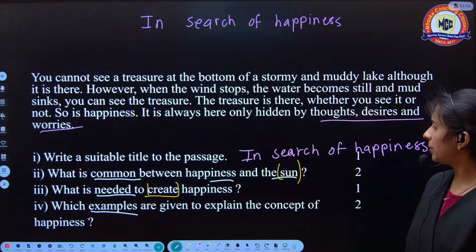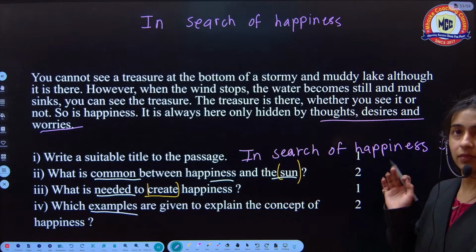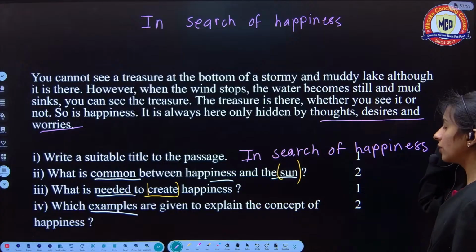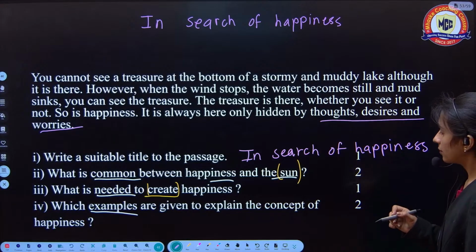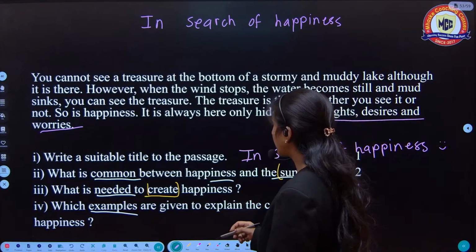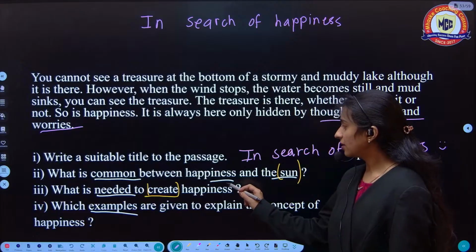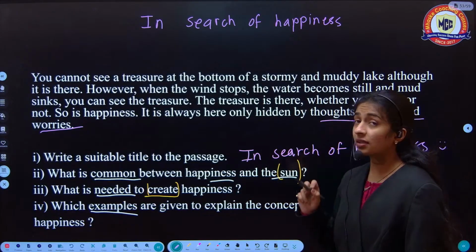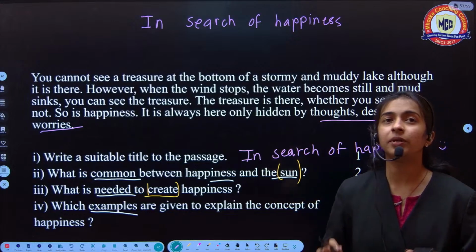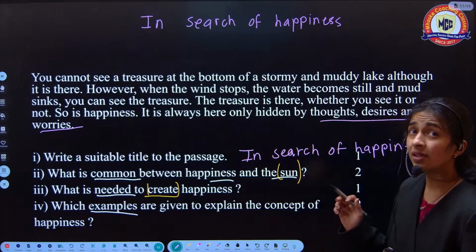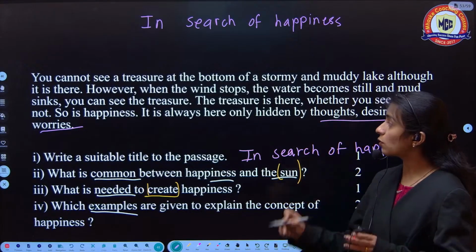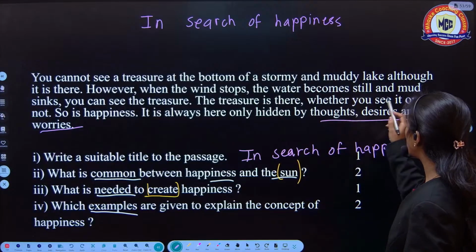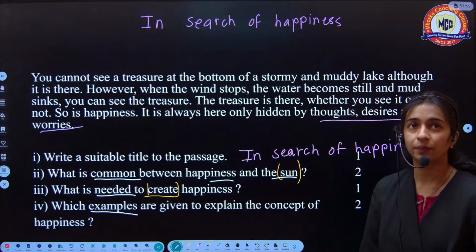What is common between happiness and sun? We have already written down the answer. The answer is here. Happiness is just like a sun. The way sun is hidden between the clouds, happiness is also hidden between the thoughts, desires, and worries.